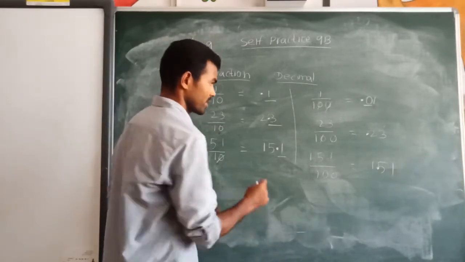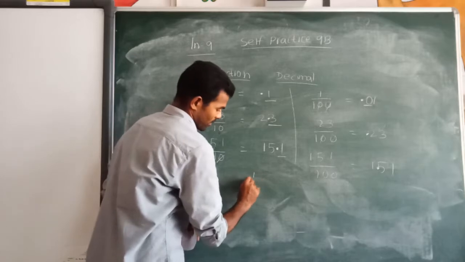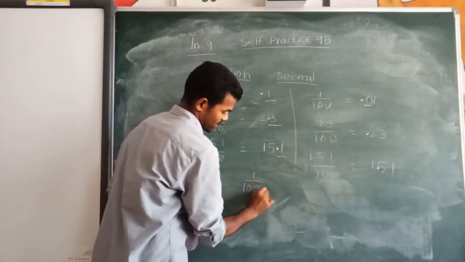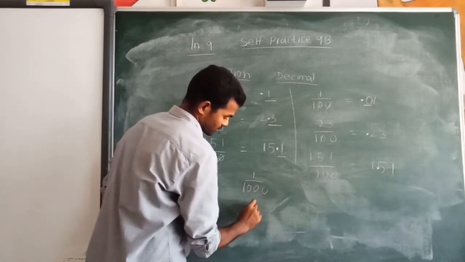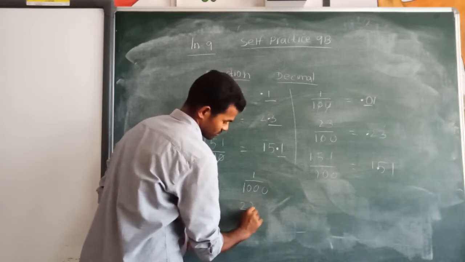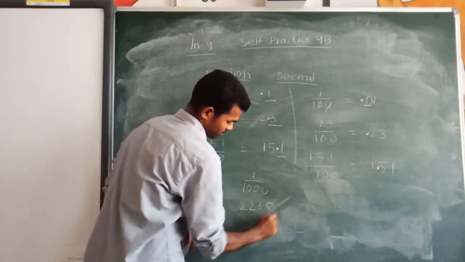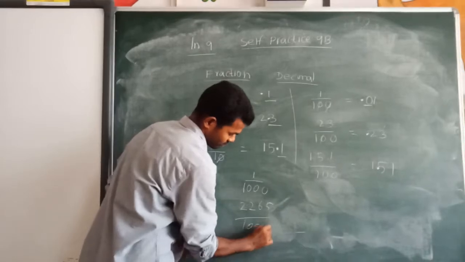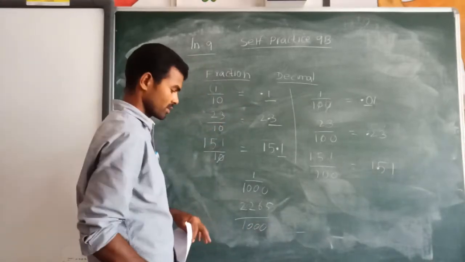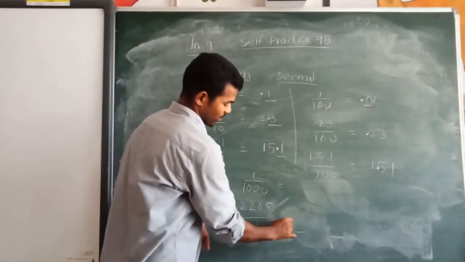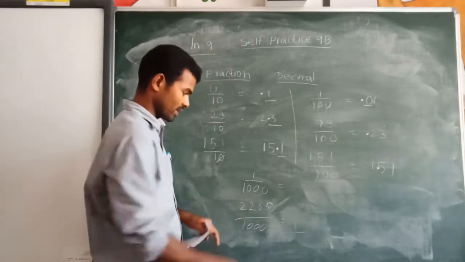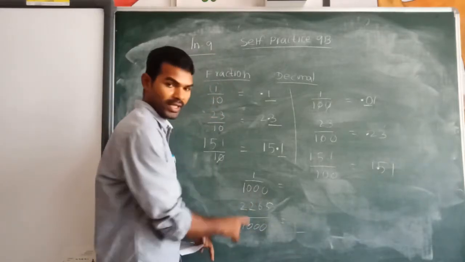Suppose it is 1 by 1000. Children, look at this. If we divide by 1000, how many 0s are in 1000? 1, 2, 3. Three 0s.